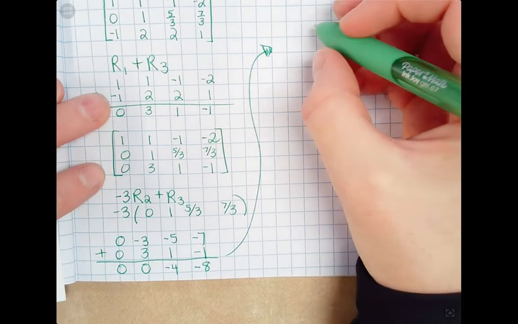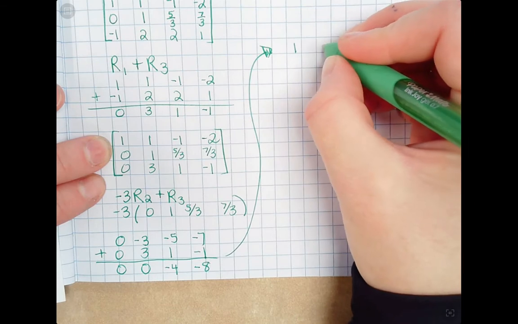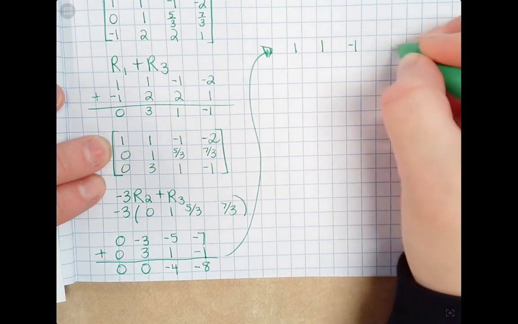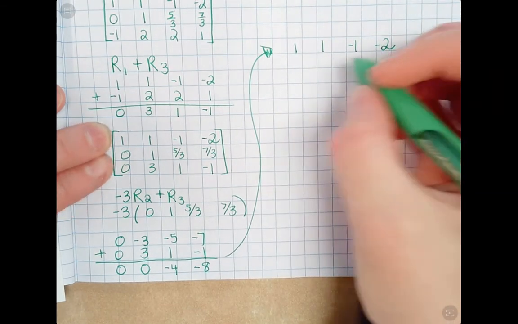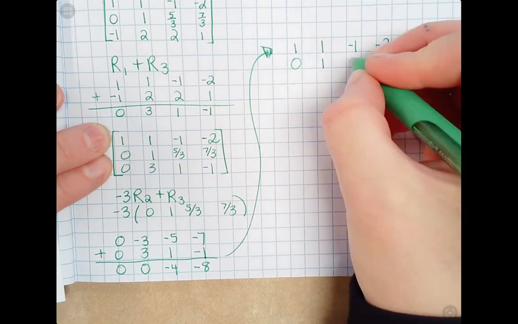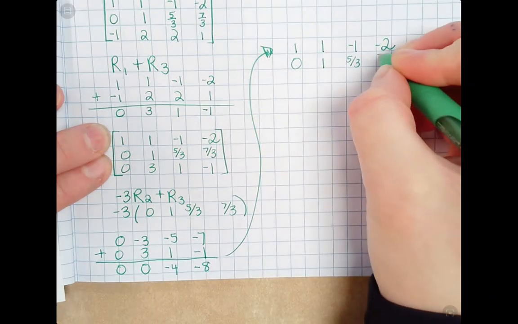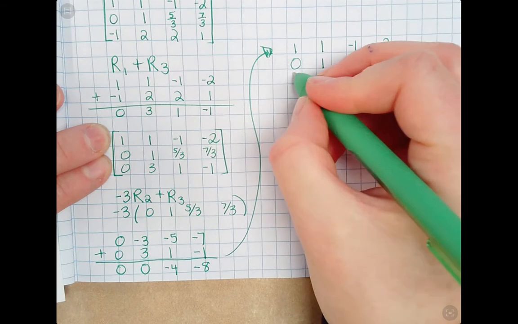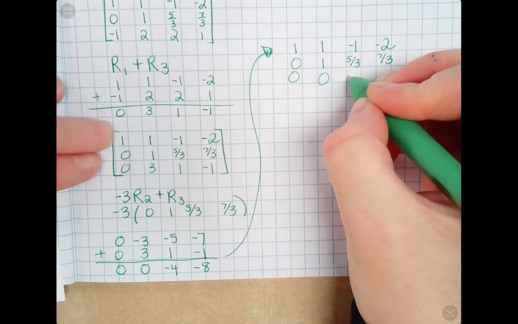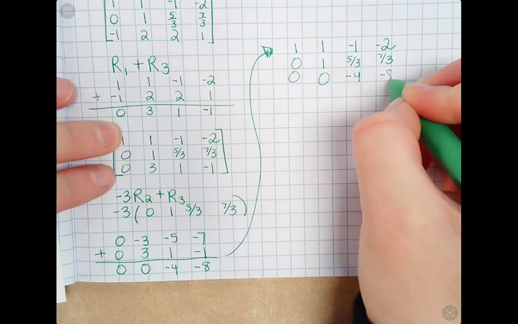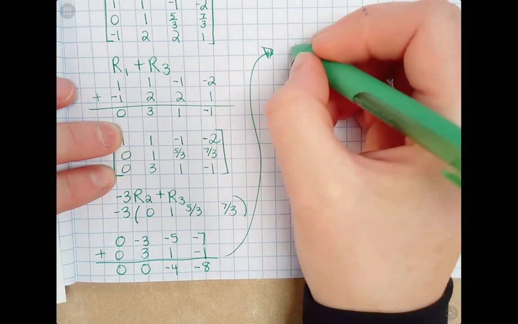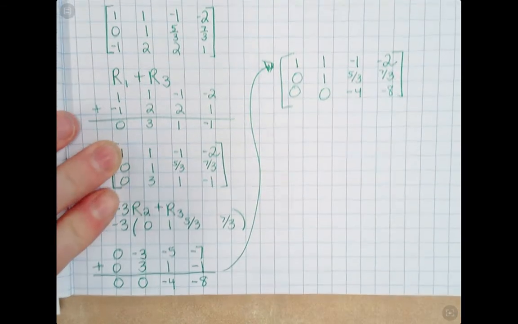So this would be our same row 1, same row 2. Row 3 is 0, 0, -4, -8. Okay, we're almost finished.